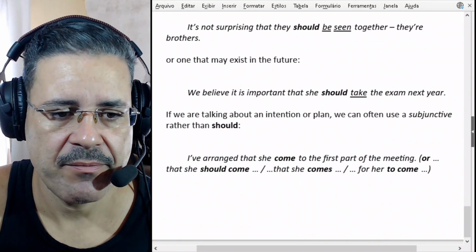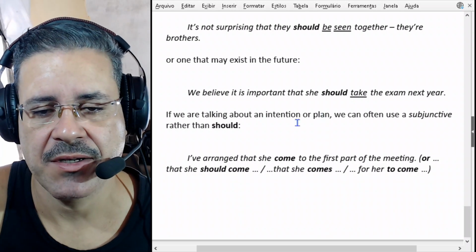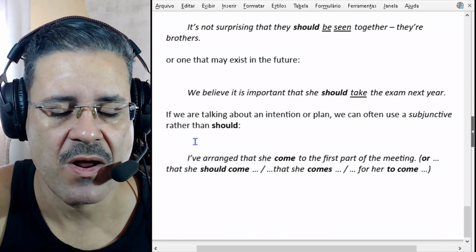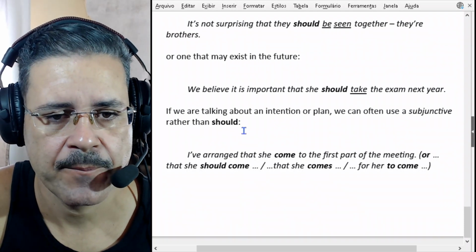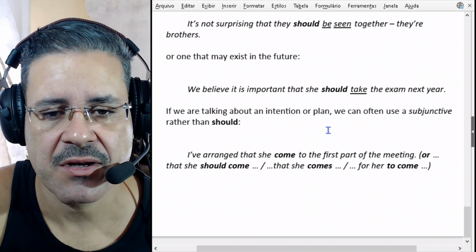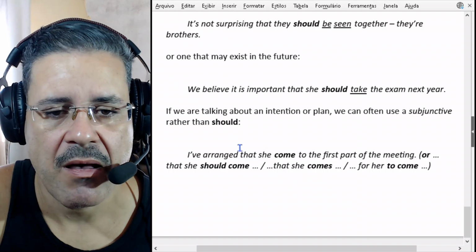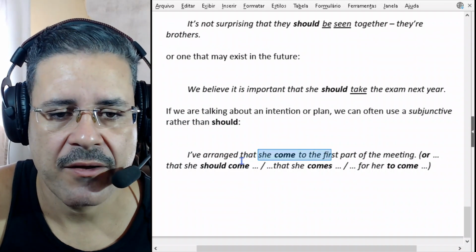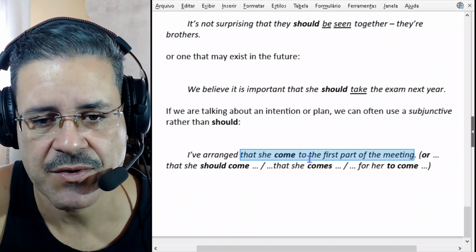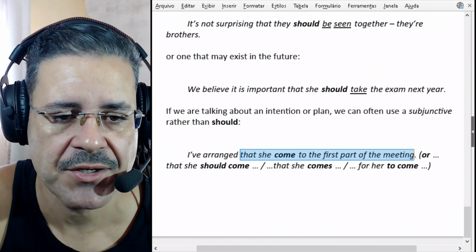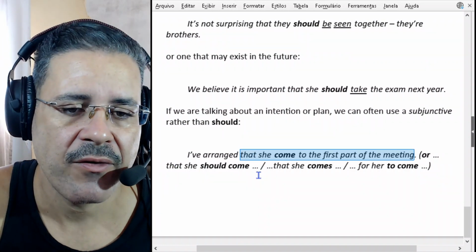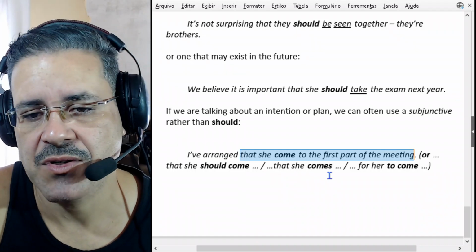If we're talking about an intentional plan, we can often use a subjunctive rather than should. For example, I've arranged that she come to the first part of the meeting, or I've arranged that she should come to the first part of the meeting, or I've arranged that she comes to the first part of the meeting.